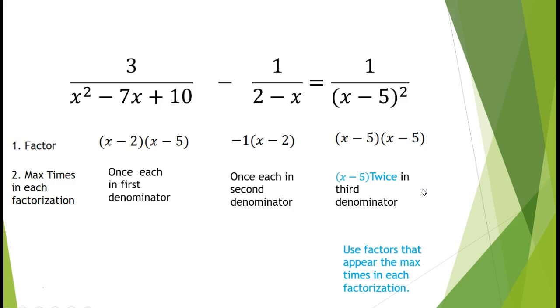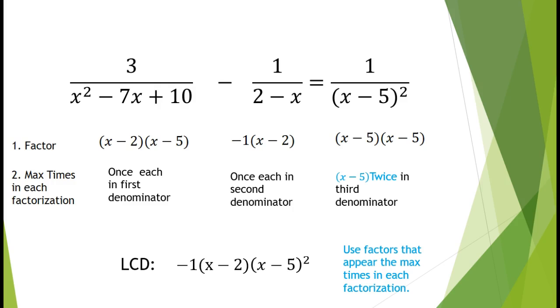Now remember that we're always going to use the factors that appear the maximum number of times. So, in that case, -1 appears once. x minus 2 appears once in each. But x minus 5 appears twice in the third. So we're going to pick the factor with the highest exponent when we have the same factor but different exponents.